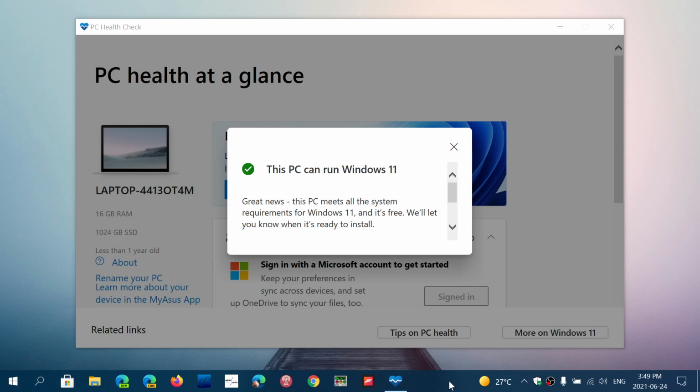For the rest, these are the official requirements that were actually mentioned today. 64 gigabytes of storage, it's required. 4 gigabytes minimum of RAM, it's required. And of course, TPM 2.0. The rest, UEFI, by the way. A lot of people ask about Secure Boot and UEFI. That was already a minimum requirement for Windows 10.